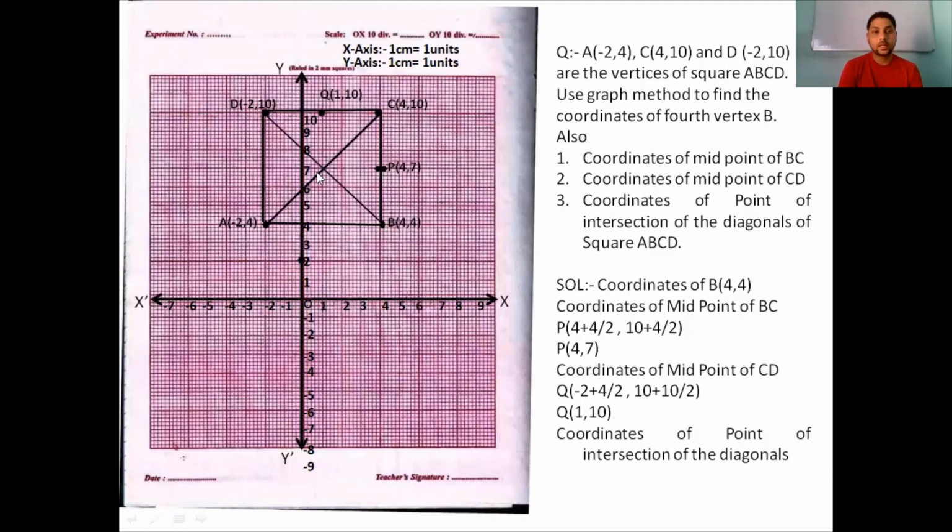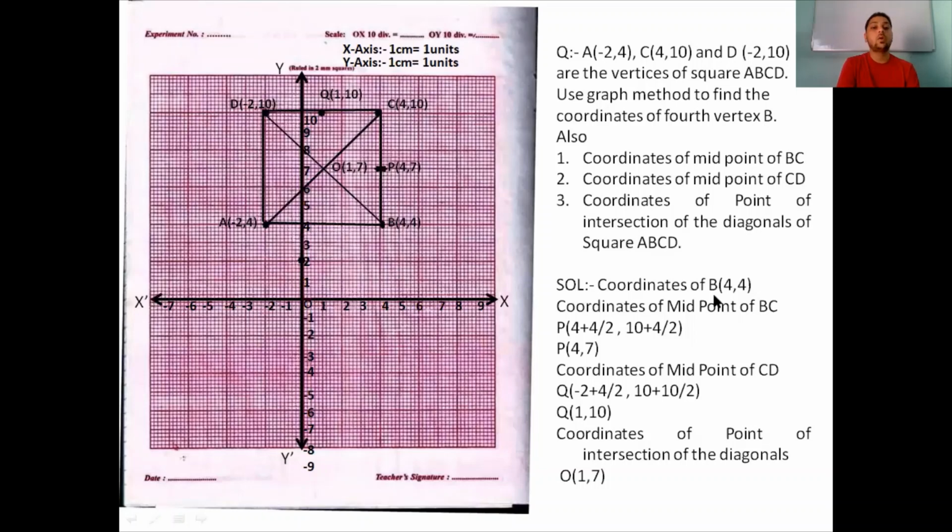This point meets at x equal to 1 and y equal to 7. So this point O, the point of intersection of the diagonals, has coordinates (1, 7). In this way we can represent a 2D figure on the Cartesian plane and express various points.